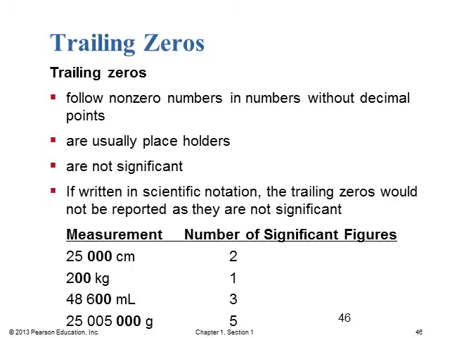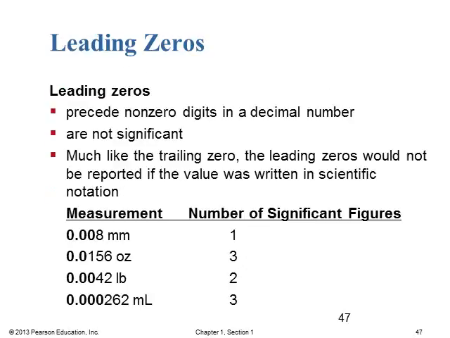And then lastly, 25,005,000. Those sandwich zeros are significant, and the trailing zeros are not significant. So the only significant values are the 25005. That's 5 digits, 5 significant figures.